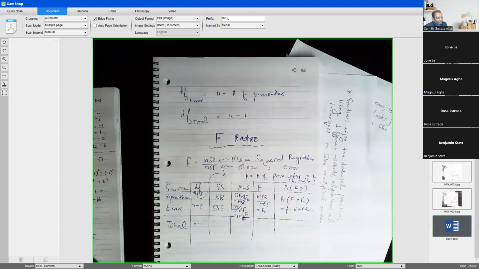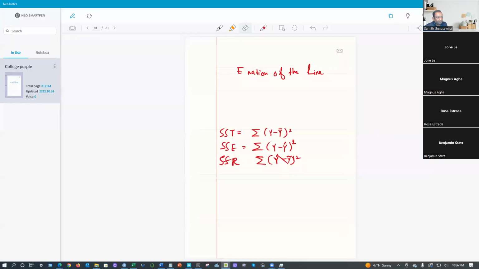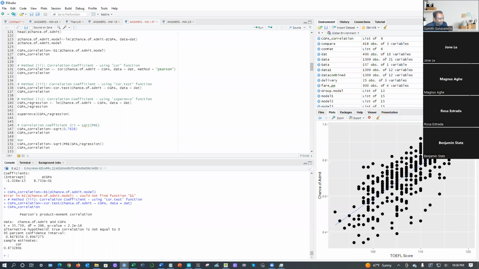F ratio is the mean squared model divided by the mean squared error, same thing that we had earlier. So what are you going to do over here? The p-value is this p-value, that's the p-value they're talking about here. Degrees of freedom is 398.